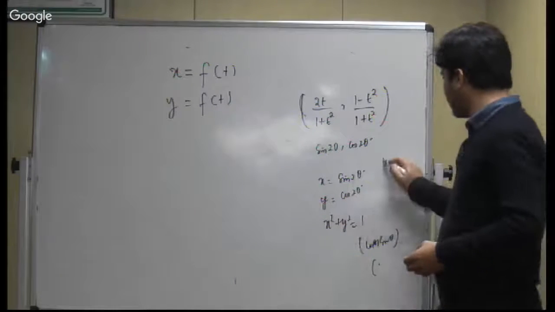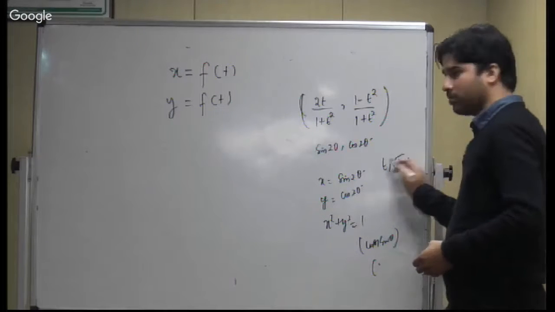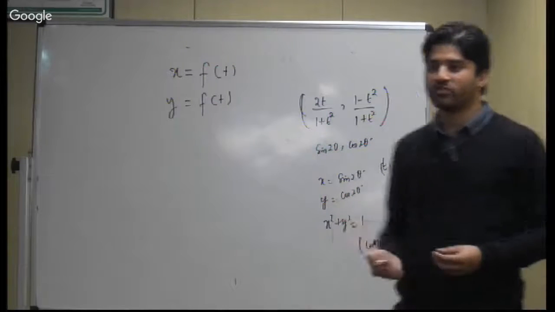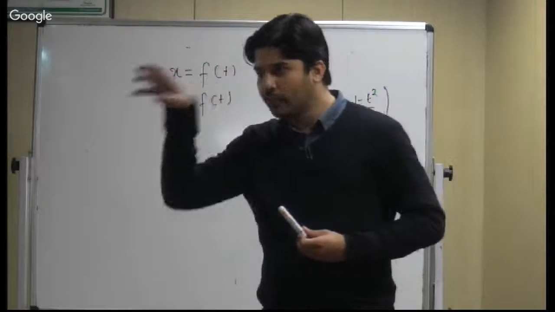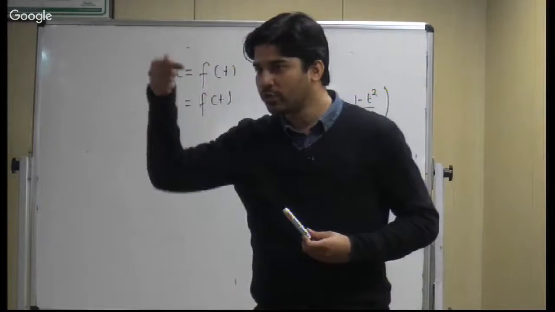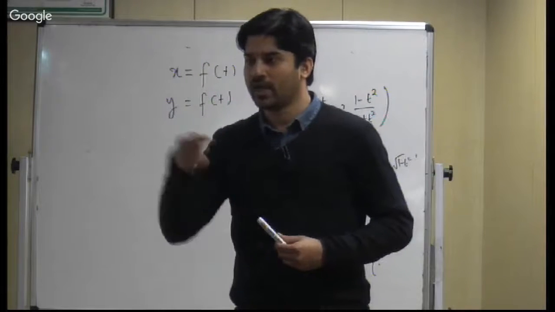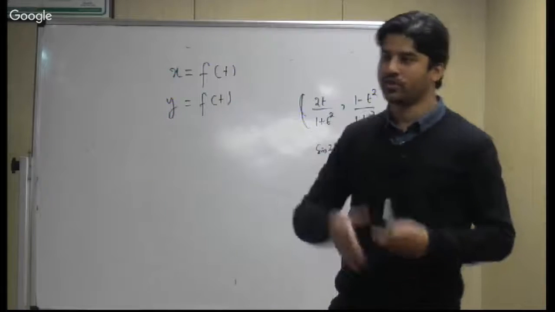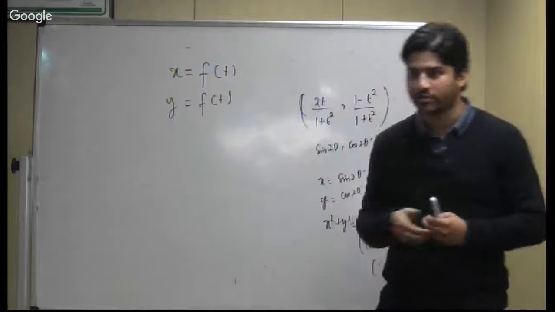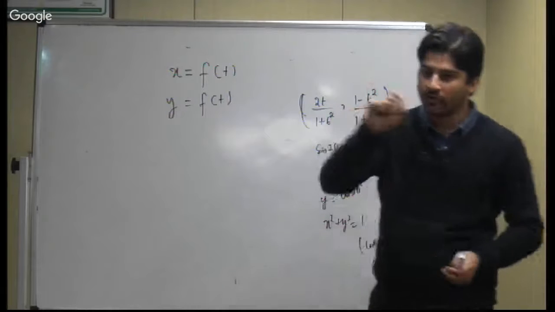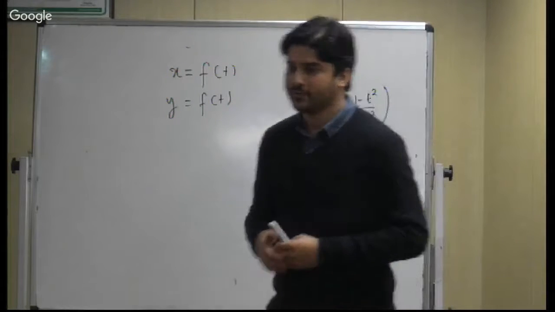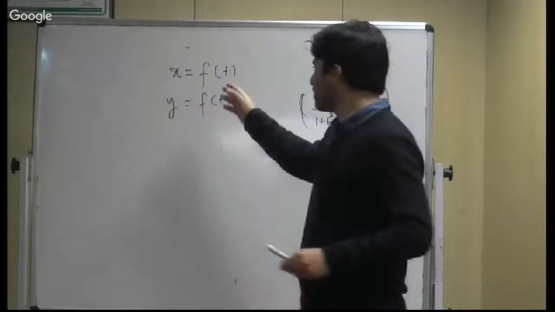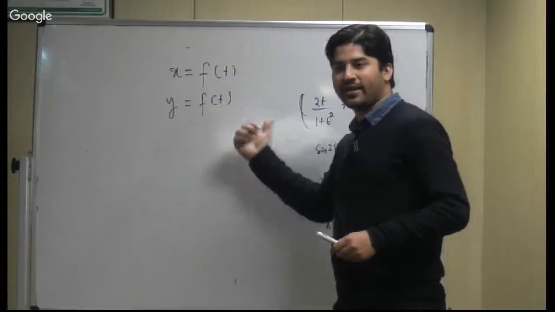I could have given t comma under root 1 minus t square. There are various ways of presenting parametric. So whenever you see algebraic to parametric, there must be more than one option. You have to check all the options. Parametric to algebraic has only one answer, but algebraic to parametric may have more answers, right? So you understood? Whenever you see eliminate, get the curve, find the area.